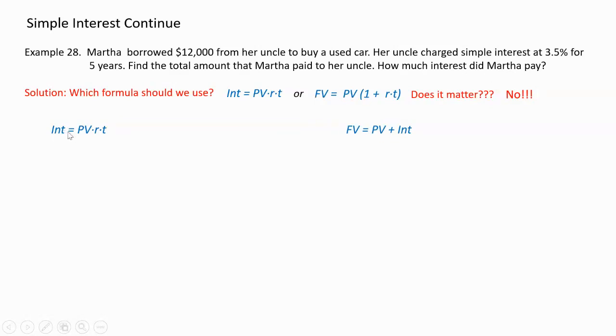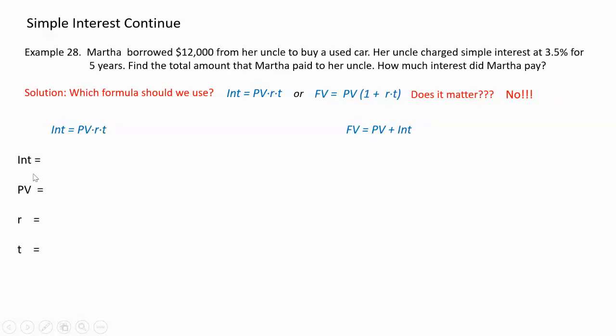If you want to use the formula on the left here, then we have to use FV equals PV plus interest, because the interest is finding the second part, which is how much interest did Martha pay. Then to find the full amount, it's going to be the interest that Martha paid plus the money she borrowed. That's why it's going to be FV equals PV plus INT.